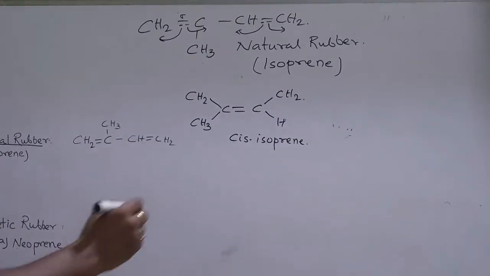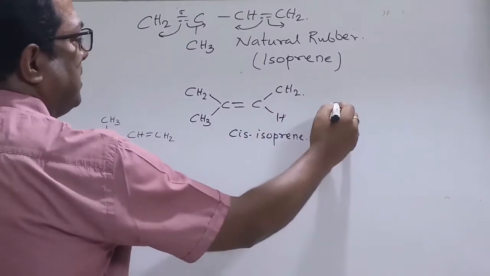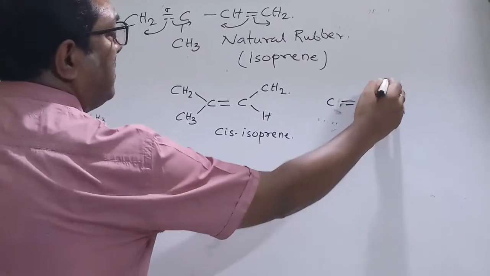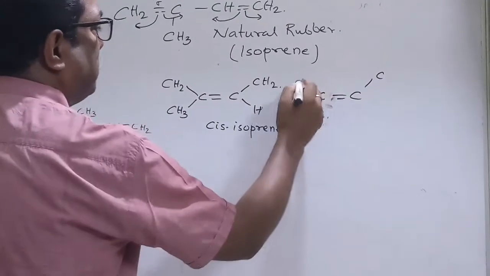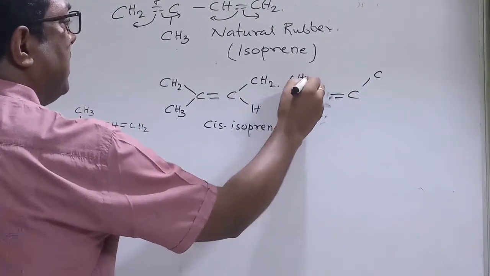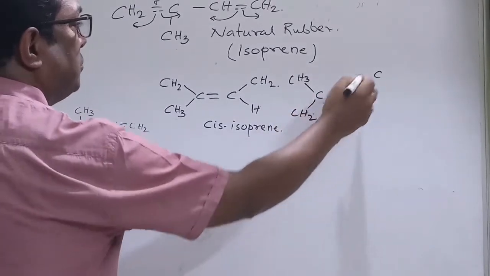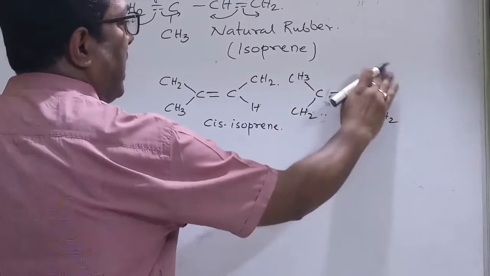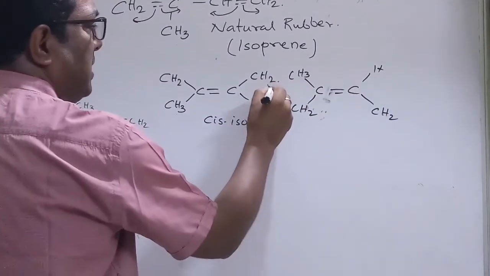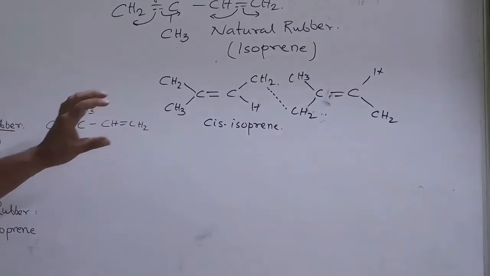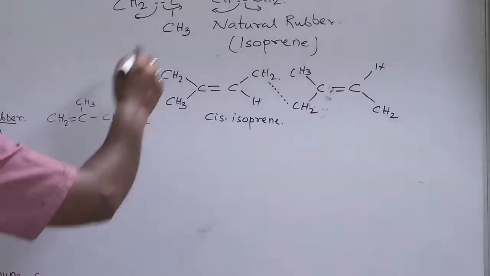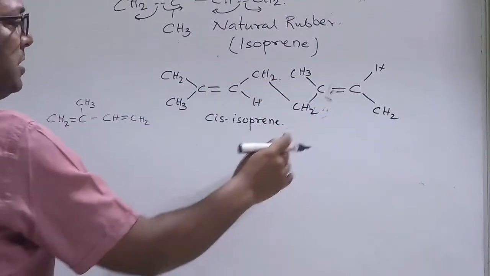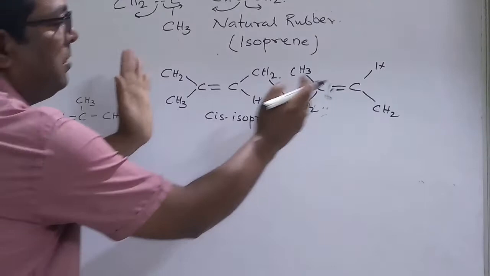And this cis isoprene, again you can see that it is forming CH, CH3, CH2, and then here comes CH2 and then H. So you can see here that they are being attached to one another because this hand opens and they make a chain, they make a relation between this compound and this compound.